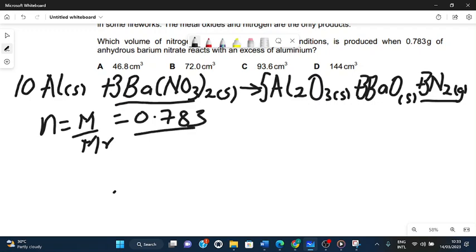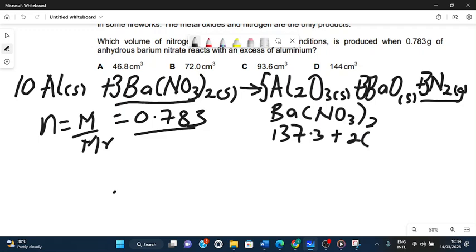The molar mass is the mass of 1 mole of barium nitrate. So let's calculate the molar mass of barium nitrate. Barium is 137.3 plus 2 bracket, nitrogen is 14 plus oxygen is 16. So 3 times 16 will give us 48, which will now be equal to.